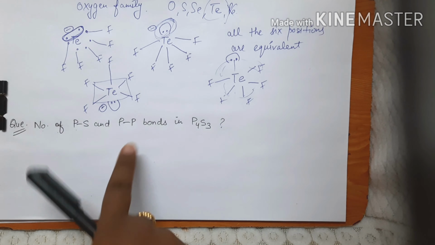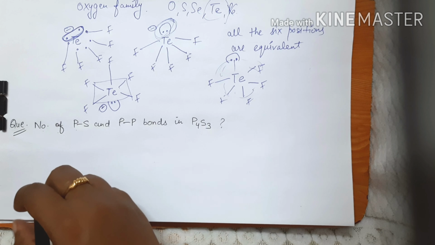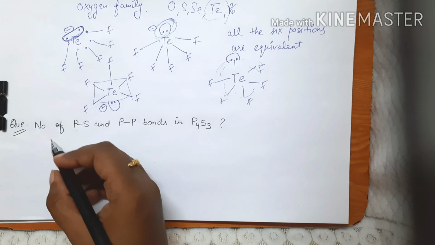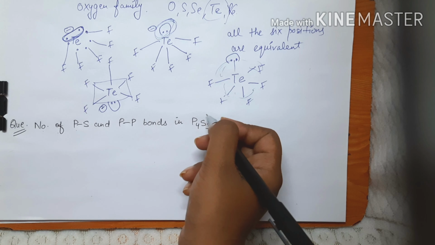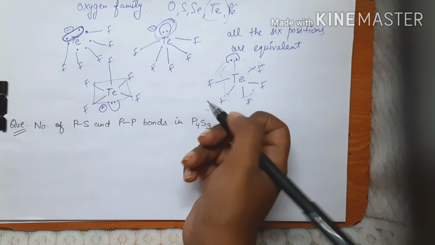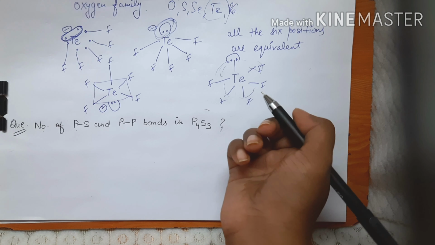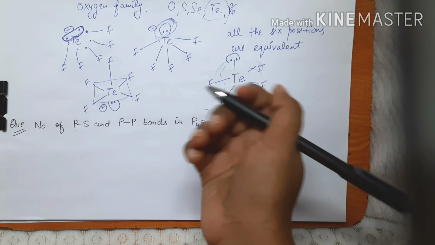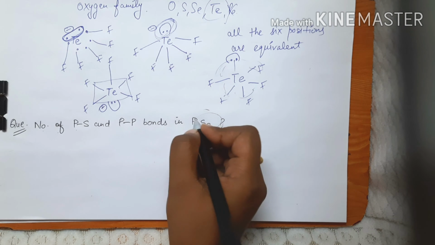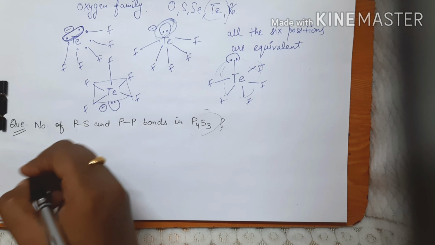First we'll solve this, and then I'll provide you the structures of some of these types of molecules, so that in future if they ask this type of question, this molecule may not be there, but molecules like P4S7, P4O10, P4O6 could be asked in the exam. So we'll learn the geometries of these types of molecules.